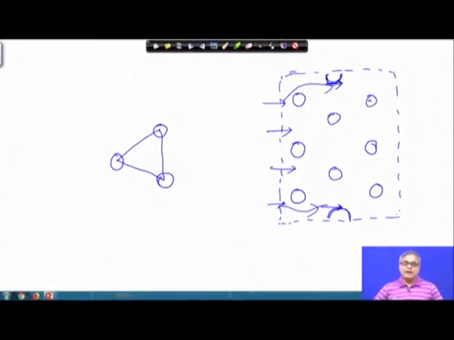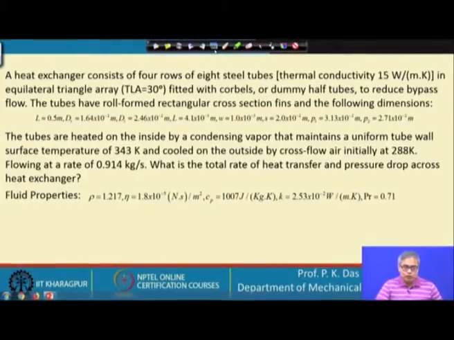Then the airflow distribution will not be lopsided, and we will get a good distribution of air through the staggered arrangement of tubes. This is one thing which one has to appreciate. You see here it says fitted with corbels or dummy half tubes. What is a dummy half tube, I have explained.